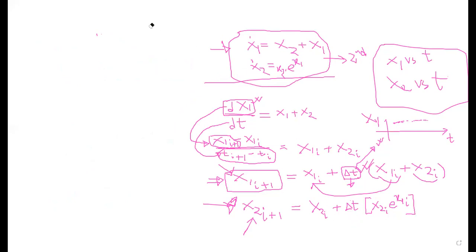Another thing that is left is you should start from some initial value. When i equals 1, that is your first set of values for x1 and x2, right? So you should know what is x1 at i equals 1 and x2 at i equals 1. That is the initial set of values for x1 and x2 for this second order system.